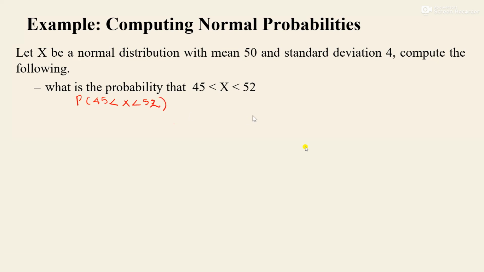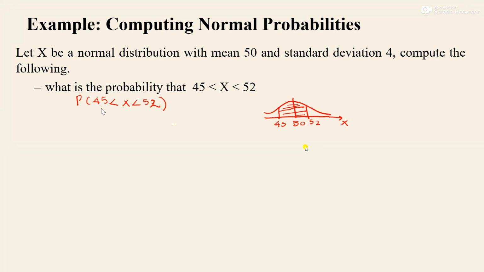So now if you plot these x values, the corresponding mean value 50, then 52, and 45. This area we have to calculate, right? So now there are two boundary values.